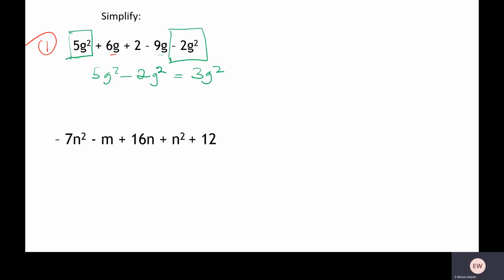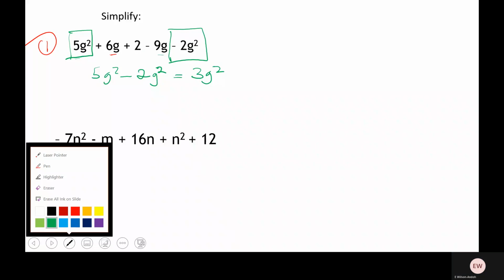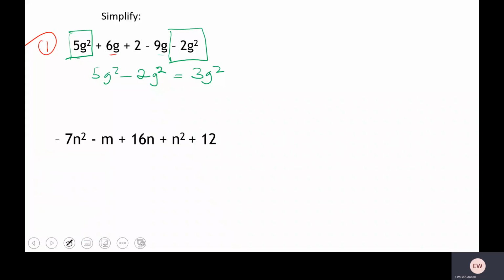Now let's look at the other like terms. If you look at the second term of the expression and the fourth term of the expression, you can see that these two are like terms because we have g to the power of 1 and the fourth term also has g to the power of 1. So we have 6g and then minus 9g.